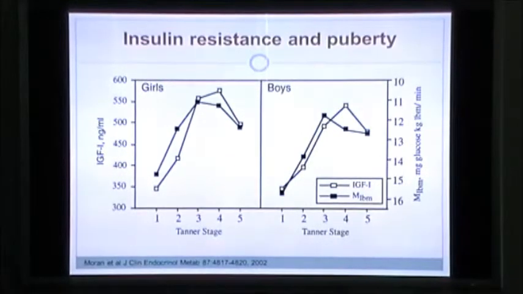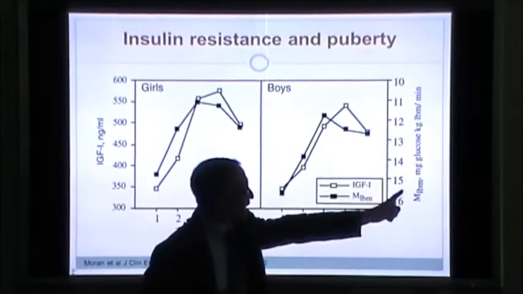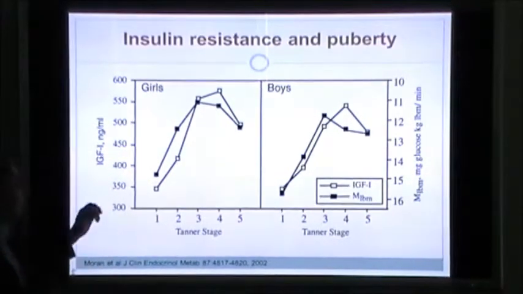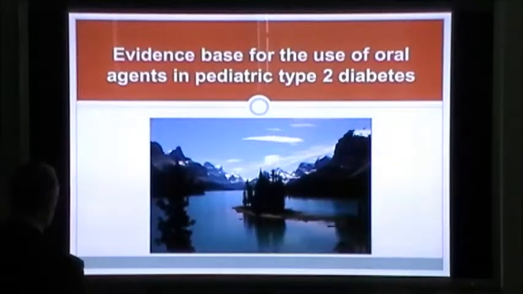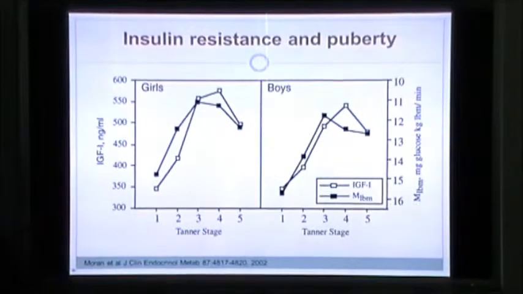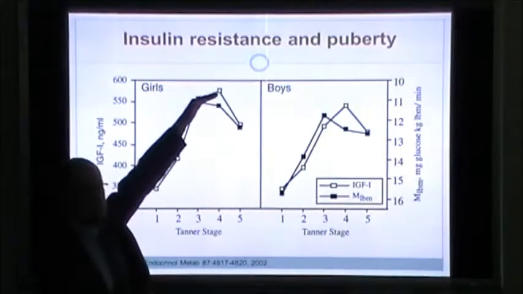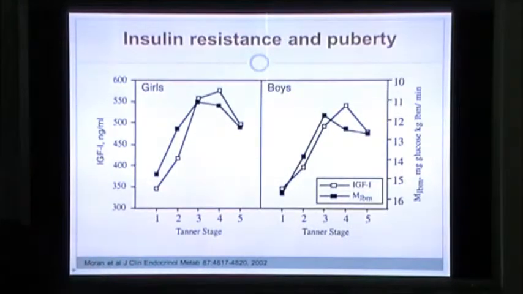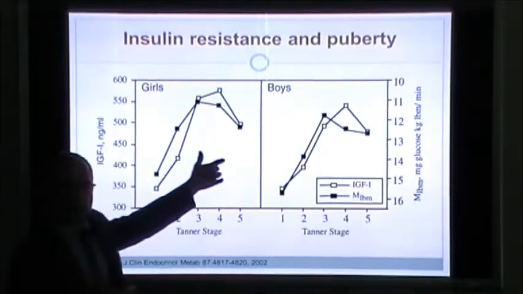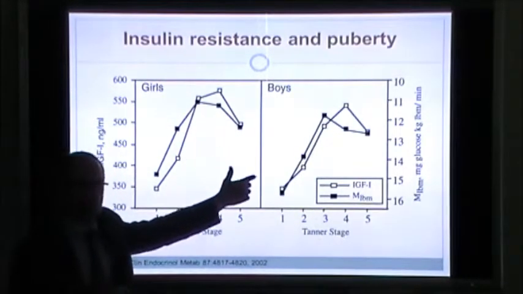Why might this be? And the argument would be here. If you look at insulin sensitivity on this axis, measured by M value in a clamp, in girls and boys, what we see is increased insulin resistance as children go through puberty, peaking at around Tanner stage 3 or 4, and then improvement in that sensitivity as they come out the other side of puberty, returning to pre-puberty levels, normal adult levels.